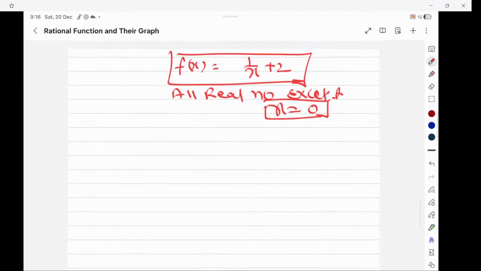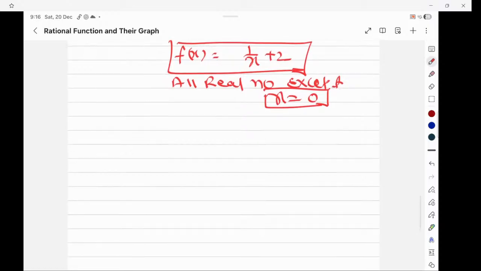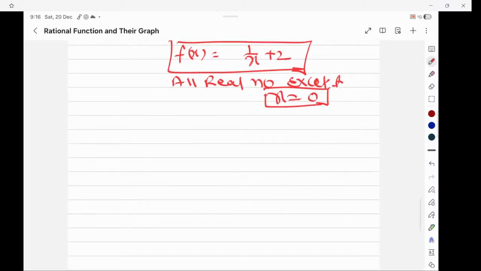Now I will discuss here how x approaches a, where a is any real number.